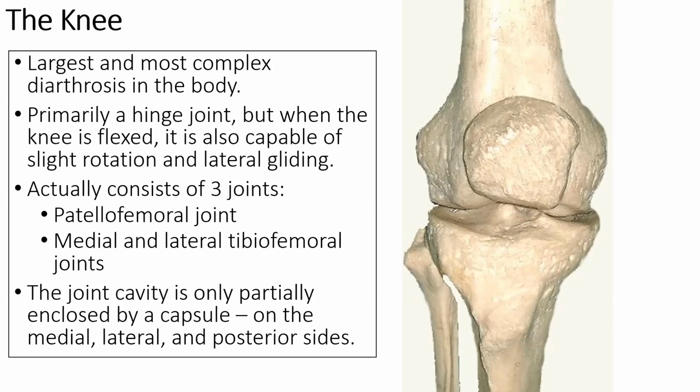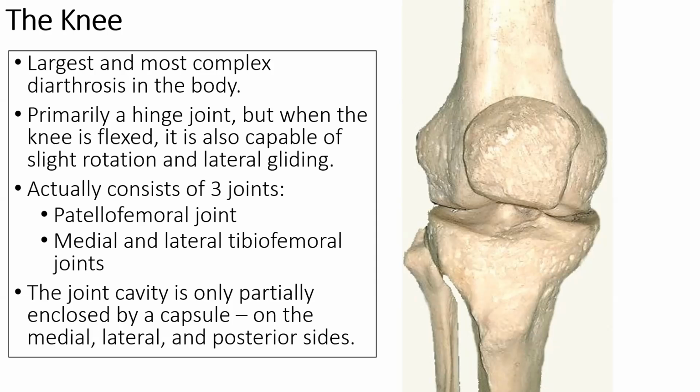The knee is actually three joints itself. It is the patella and the femur, and it's also the medial and lateral junction between the femur and the tibia. So these are two separate joints, one here and one here, where the medial and lateral sides of the tibia come together.